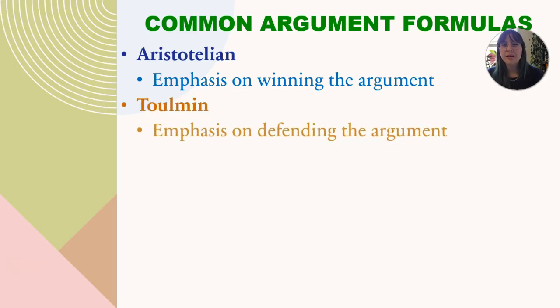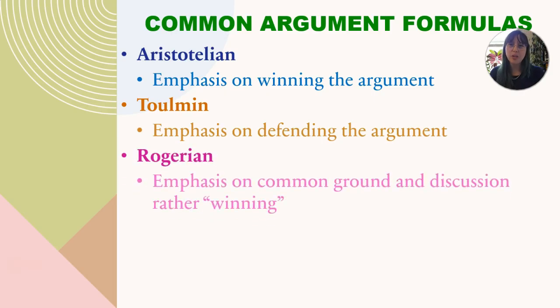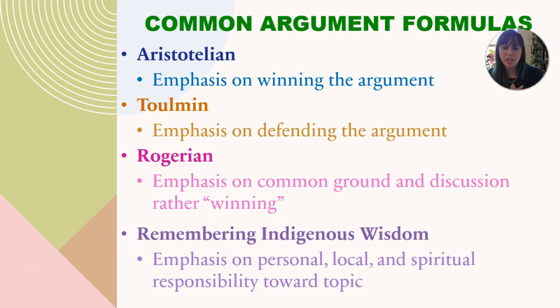The Toulmin formula has more of an emphasis on defending the argument, sort of brushing off questions or counterpoints. The Rogerian formula emphasizes discussion and reaching common ground with the audience rather than winning the argument as if it's a competition.